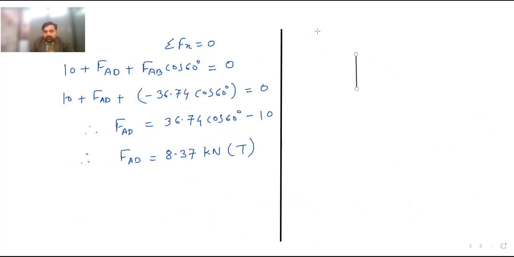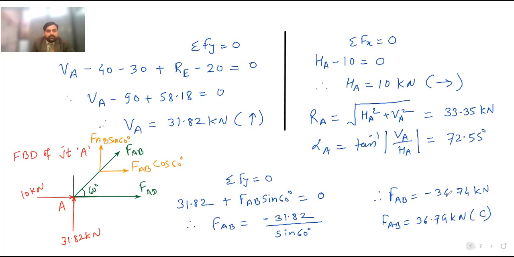Vertical line and horizontal line, point B. So at joint B there is a point load which is acting. This is the point load. And this point load is of 40 kilonewton.